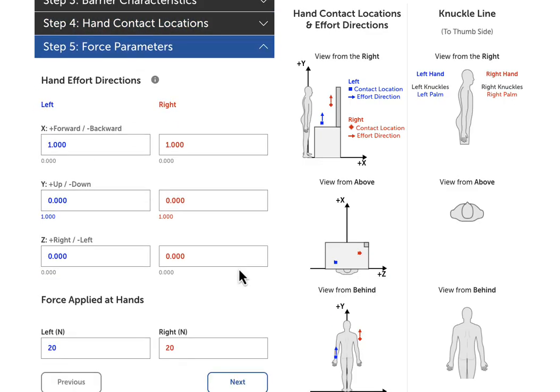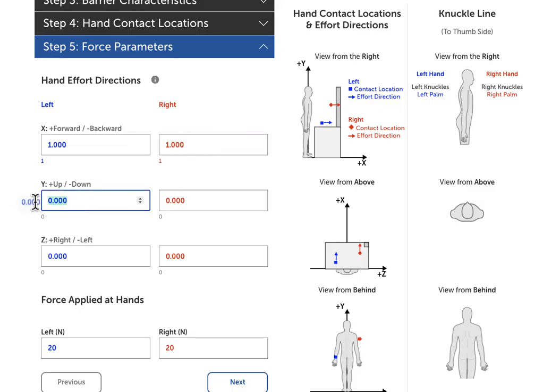Now we can go to the effort directions, and this can be done. You can either put in the actual force in each direction, or you can just give the relative component. So for example, right now it's assuming that the force is 1 part forward and 0 parts up and 0 parts to the right. So we're going to put this as 1 part forward.